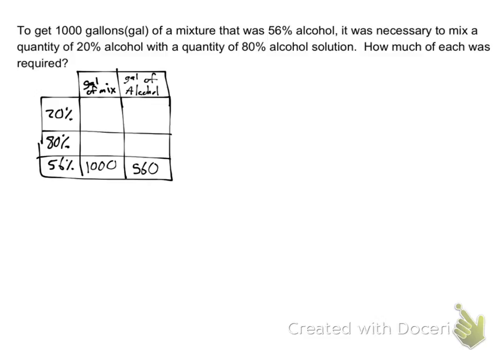Here's the cool thing, guys. This will work every time in this table. Multiply across. Write that down someplace underneath there. You multiply across. Now, here's a question. It wants to know how much of the 20% mixture is added to the 80%. Do you know them?